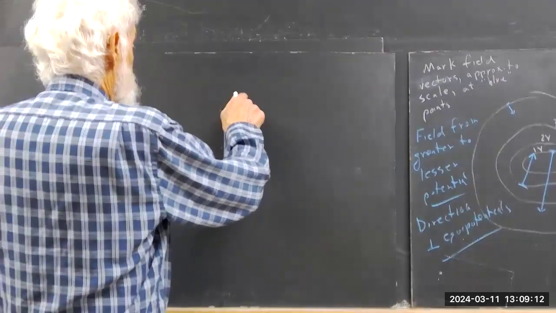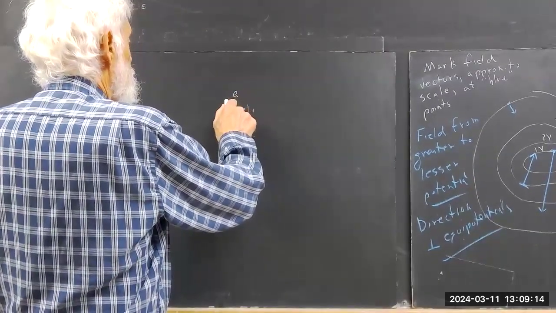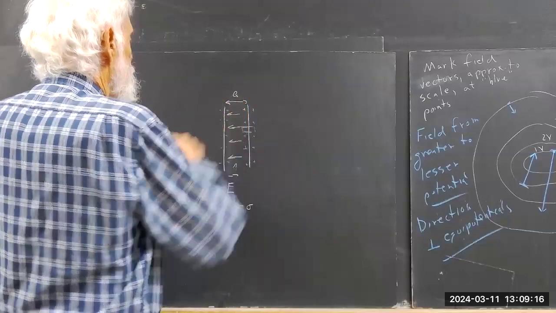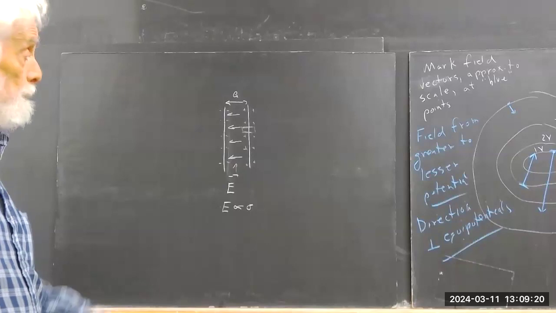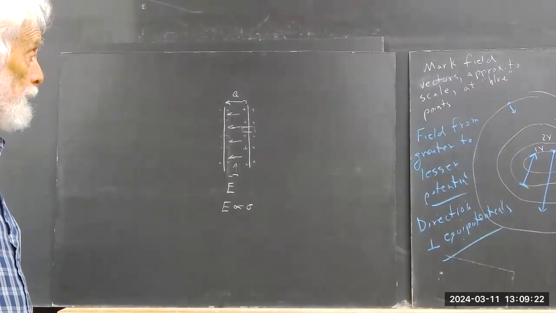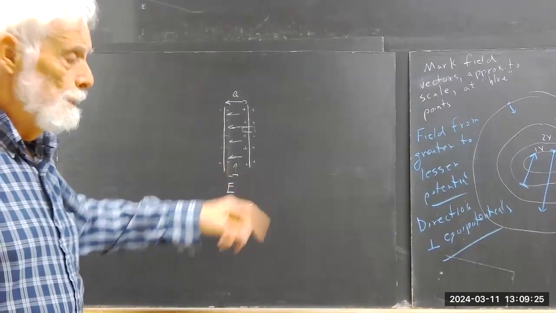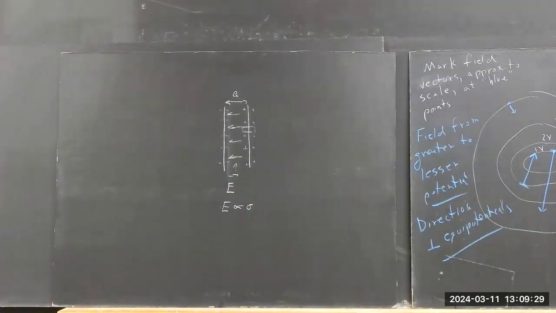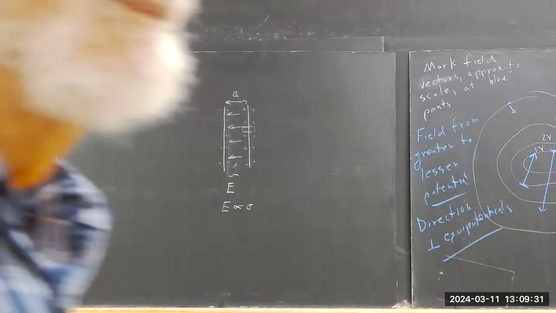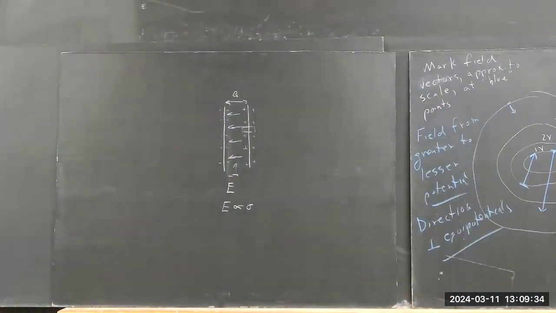Okay, so if we know the separation of the plates, and I believe your text might use A, the separation, so the separation of the plates is A, then what's the voltage between the plates? Electric field times A. Yeah, very good. Does that have the right units?